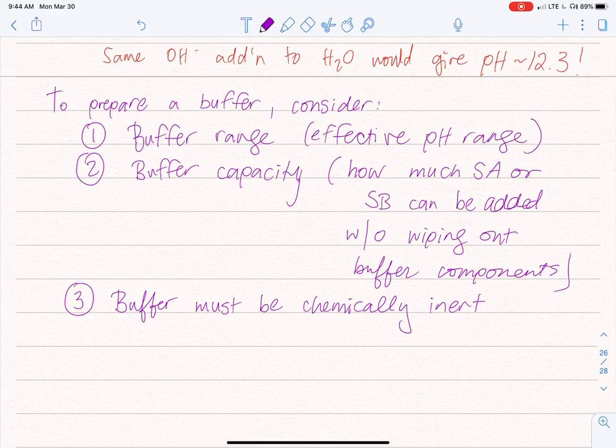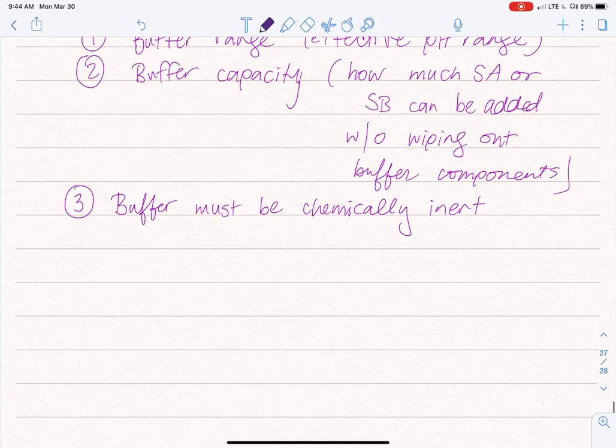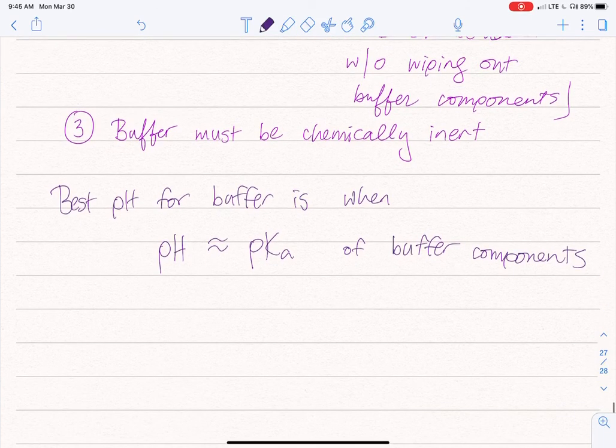Okay, so let's talk about the buffer range for a second. For the buffer range, the best pH for any buffer system is when the pH is approximately equal to the pKa of the buffer components, or the pKb if you're looking at a weak base primarily.